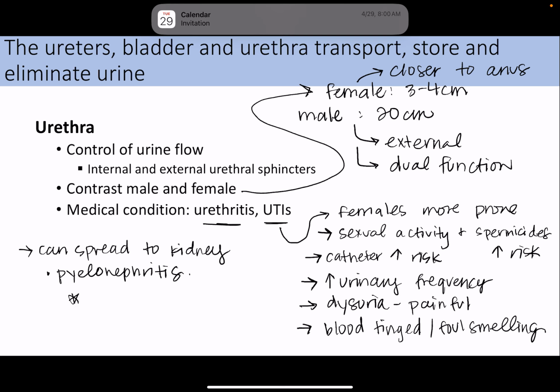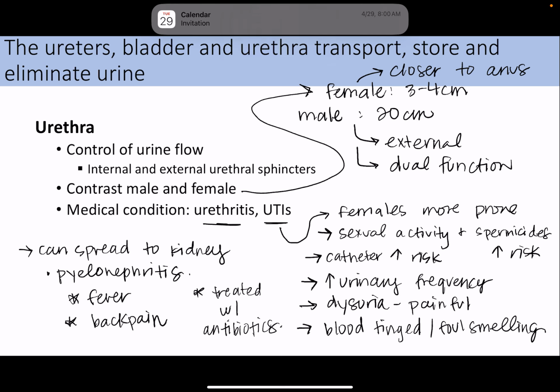Along with the signs and symptoms we already talked about, you'll also have fever. And it's treated with antibiotics. Which can then cause digestive issues. So UTI is just not fun.